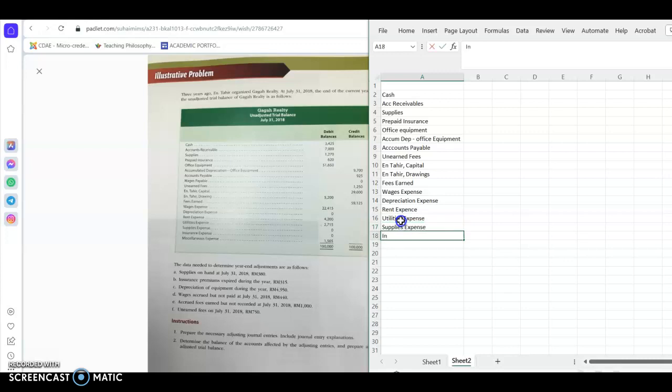Okay, insurance expense. And we have lastly miscellaneous expense.